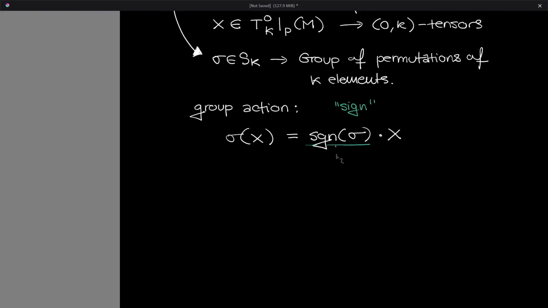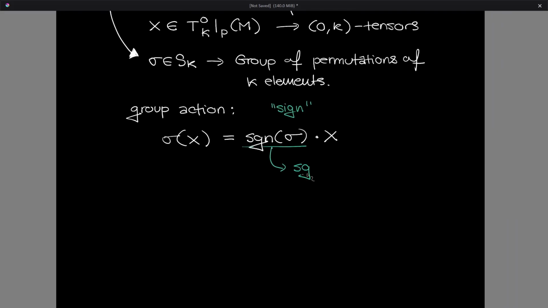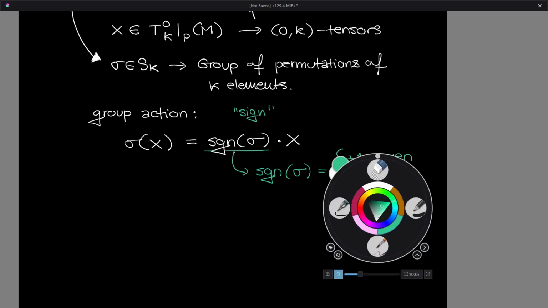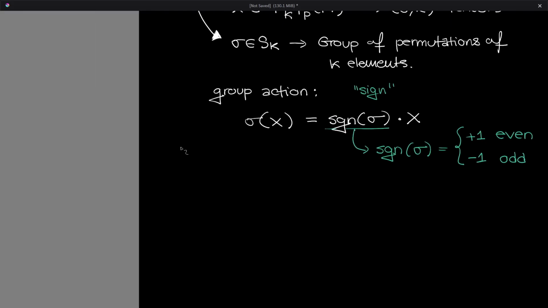These are permutations, so sign of sigma is equal to +1 if the permutation is even, and -1 if the permutation is odd. What makes a permutation even or odd? Let's quickly go over that.